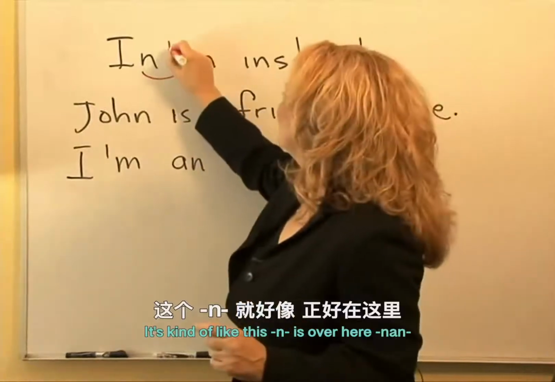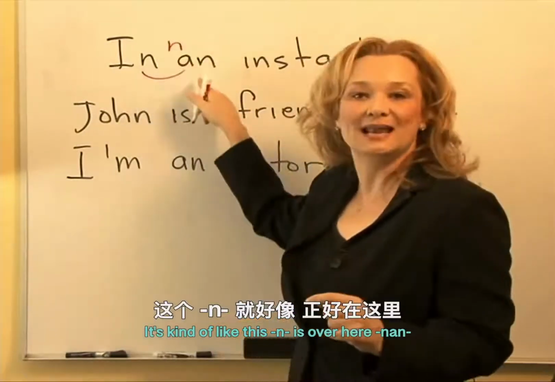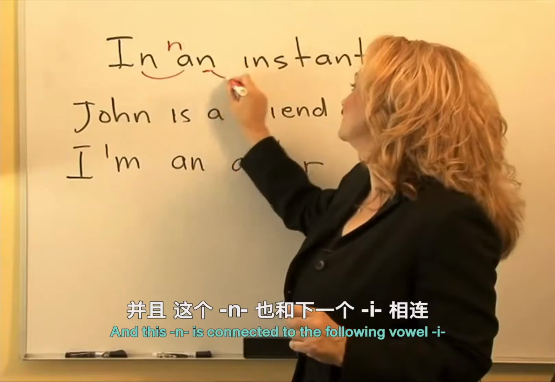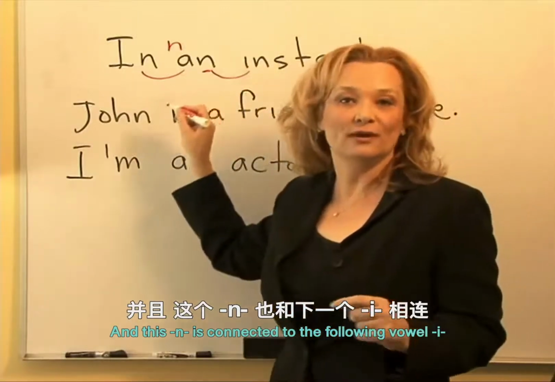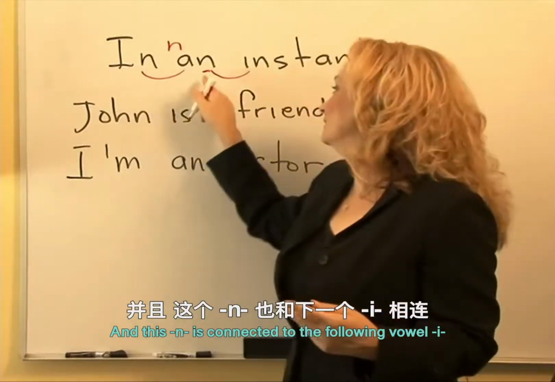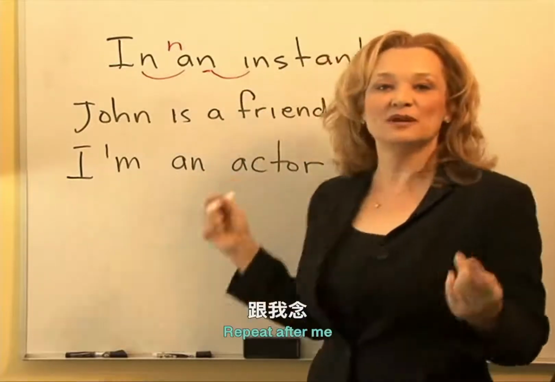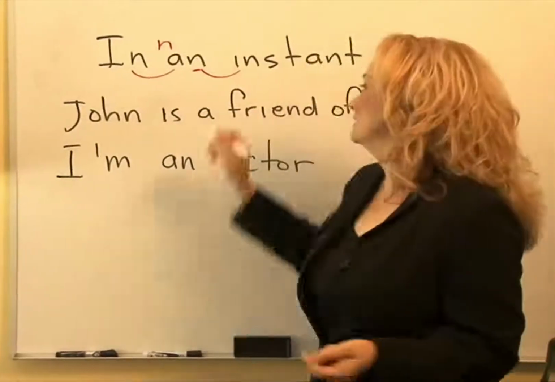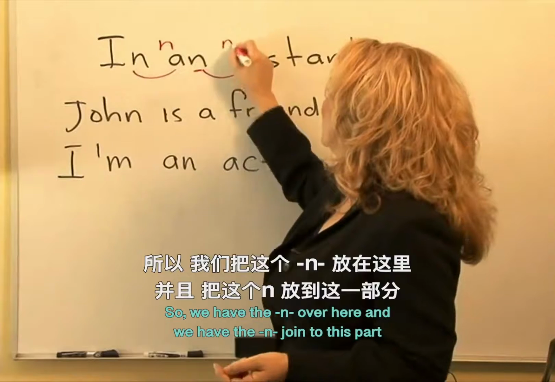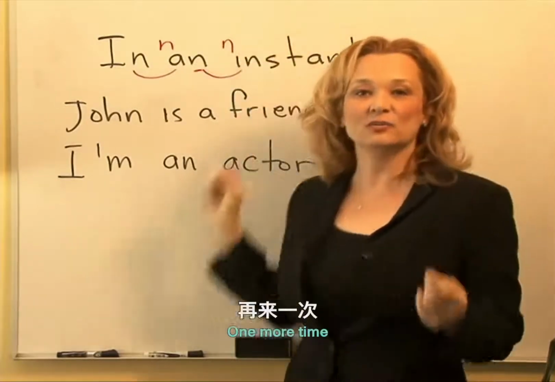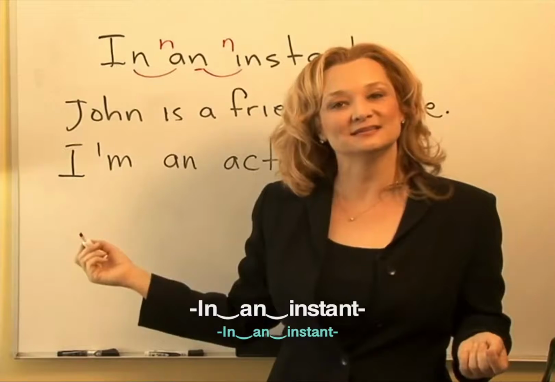So it's kind of like this N is over here, in, in, in an. And this N is connected to the following vowel, I, nin, in an instant. Repeat after me, in an instant. So we have the N over here and we have the N joined to this part and it sounds like nin. One more time, in an instant.